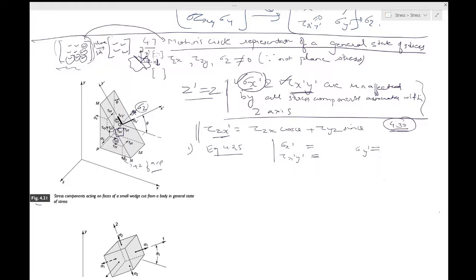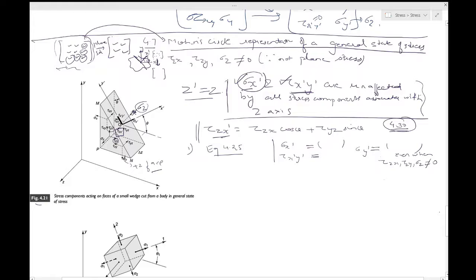So the results given by equation 4.25 and the Mohr circle representation of these, which we have seen in the earlier section, are correct whether or not the stress components sigma z, tau yz, and tau zx are 0. So the expressions which you had would be valid even when tau zx, tau zy, and sigma z are not equal to 0.